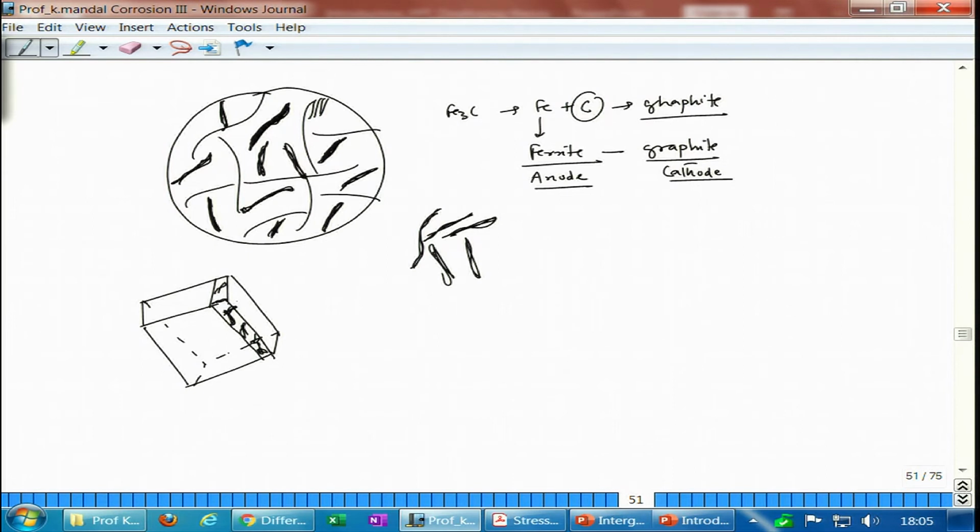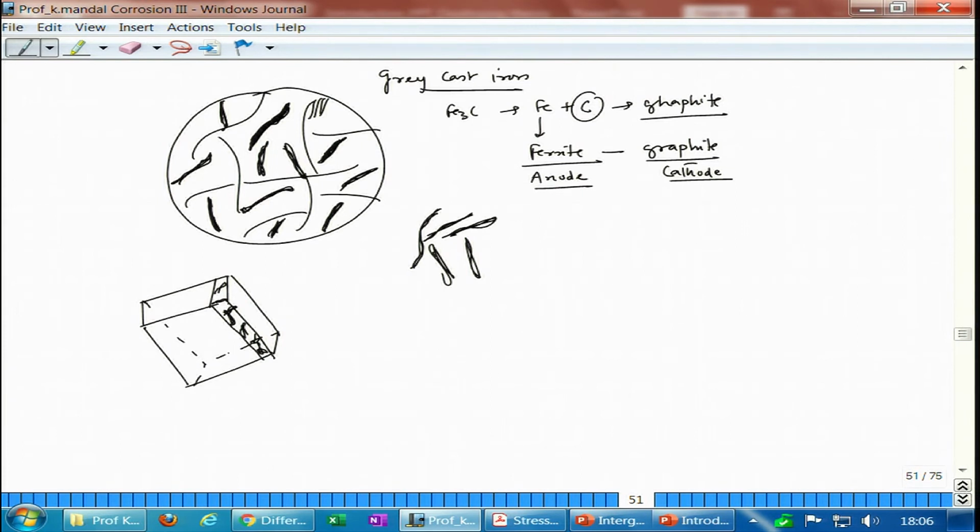The top surface, if you see a polished grey cast iron, will look shiny, though if you compare a scratchless polished steel surface and a scratchless polished grey cast iron surface, in the grey cast iron you might see a little bit of greyish nature, not as shiny as in carbon steel, because of the graphite presence.